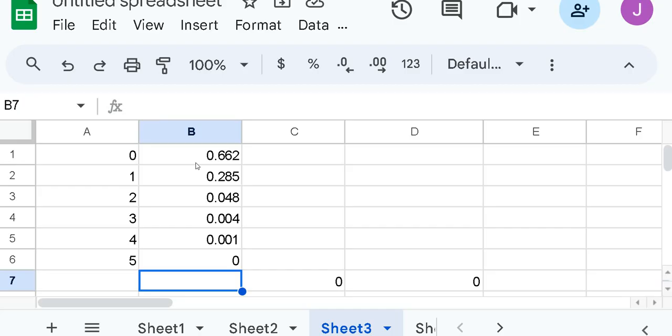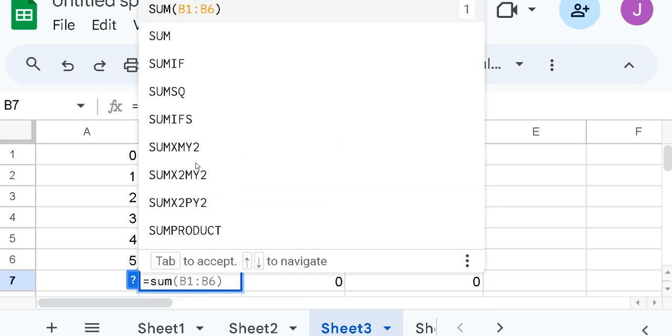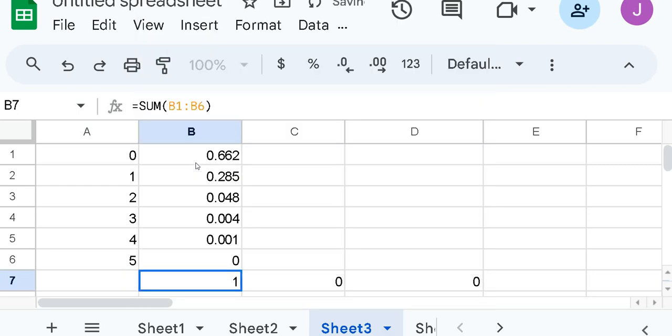What should I see? They add to 1. So if you do the sum of all those, it gives you 1. Now, if it was 0.999 or something like that, then it's probably a rounding error. If I gave you a problem like that and I really wanted to test you, it would be noticeably off from 1 if it wasn't a distribution.